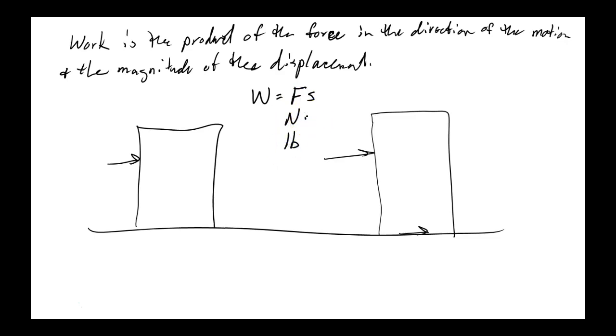What about displacement in the SI unit? What is our basic unit for displacement? Say again? Meter. Okay. So a Newton meter. And what is our basic unit for displacement in the U.S. customary? Foot.